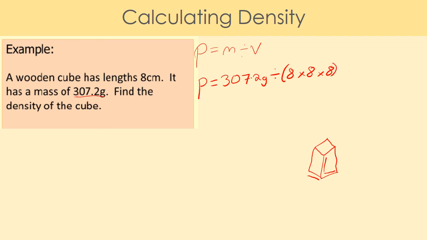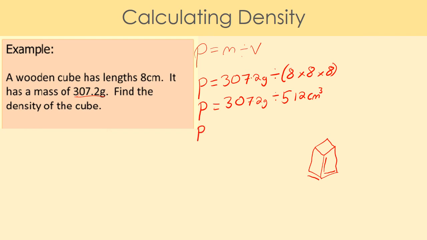These sums are too hard. Again, we let you use calculators in science. So my density will equal 307.2 grams divided by 8 times 8 times 8, which gives me 512. It's centimeters, and it's cubed because it's a volume.